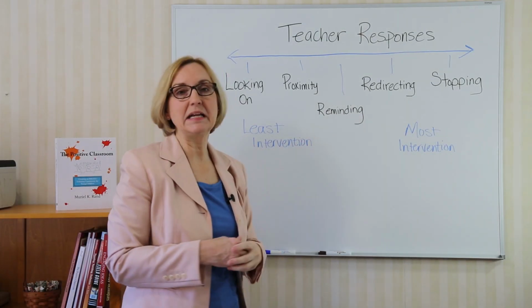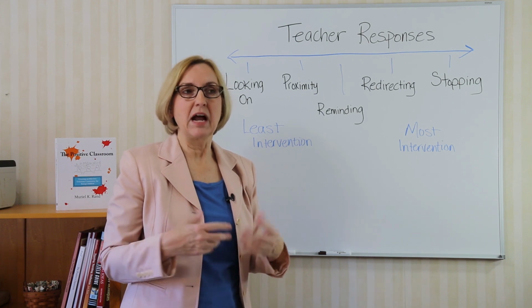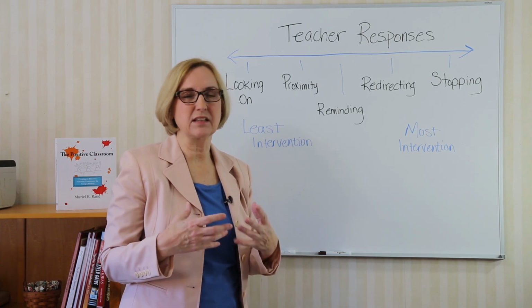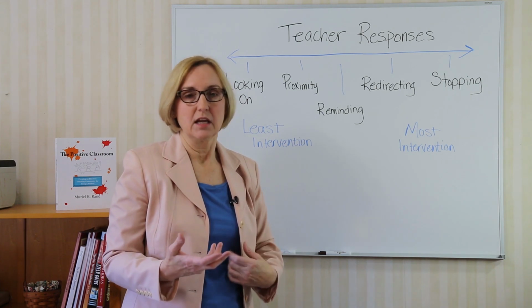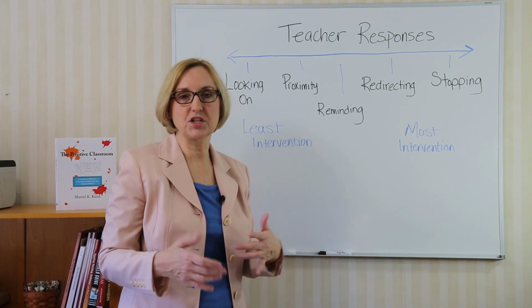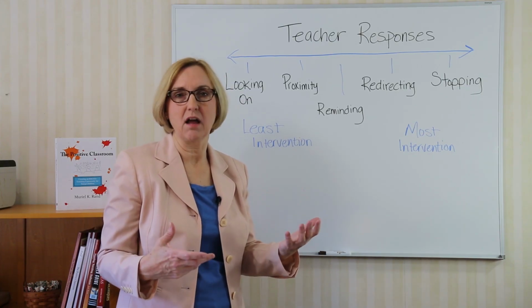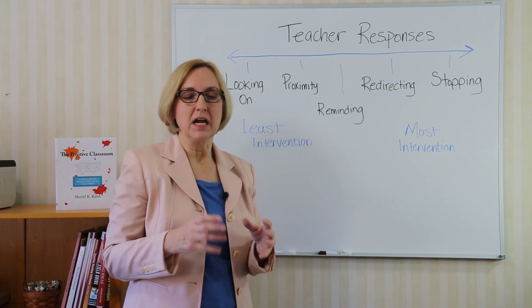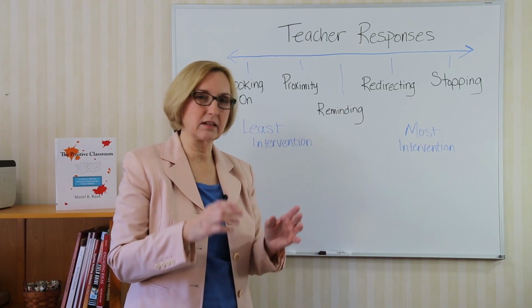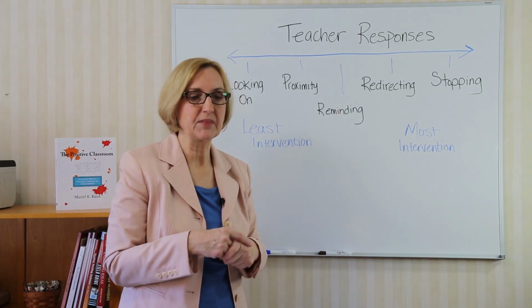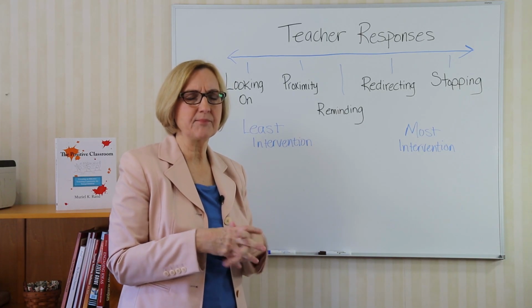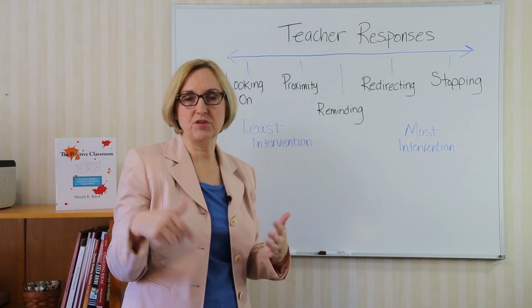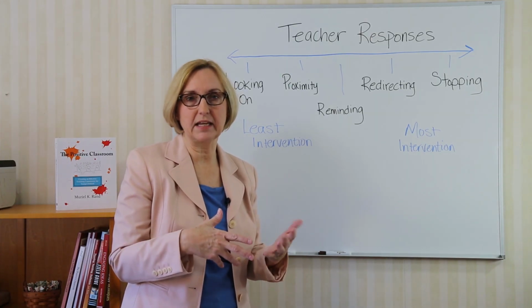And the next spot, we're moving into more intervention. So at this point, we might need to redirect a child. Perhaps a child you're noticing that they're about ready to lose it. You know, maybe they're starting to chat or to fidget or to rock in their chair, or they put their head down. So this takes a little bit more intervention and a little bit more creativity on your part. So you might say to a child, you know, Matthew, why don't you go get a drink of water and then come back and start working again?